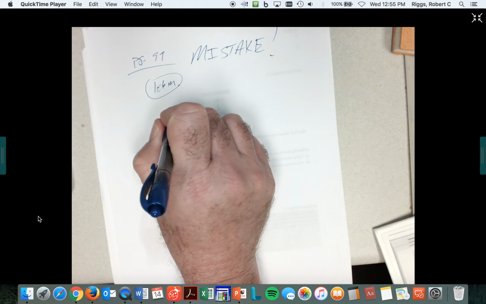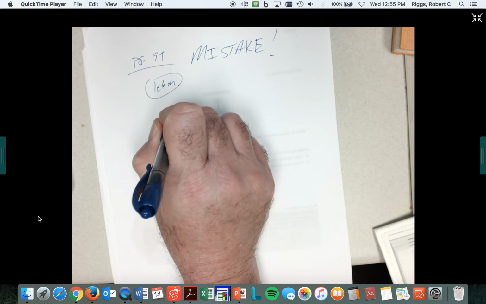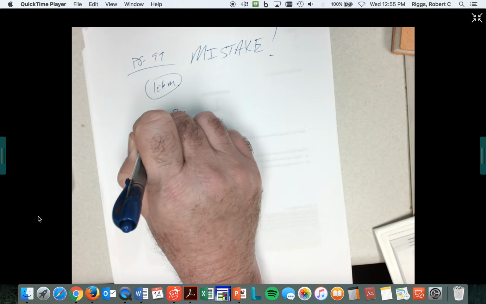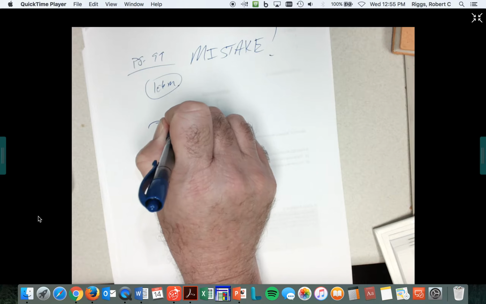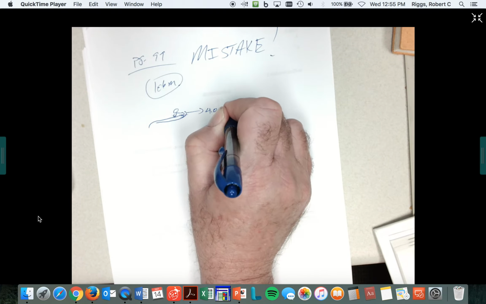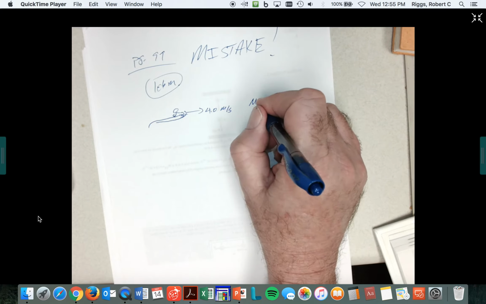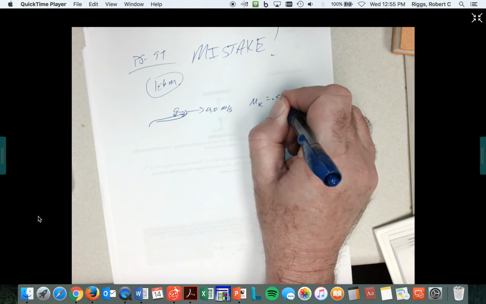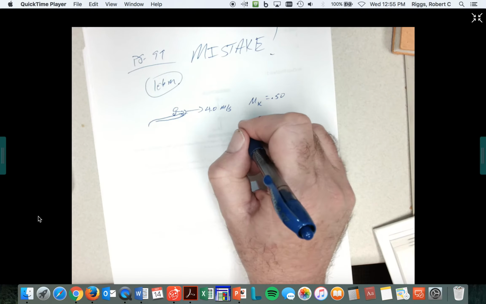Kid on a sled. All right, the kid's riding a sled, 4 meters per second going this way. There's a coefficient of kinetic friction of 0.5, so he's going to come to a stop.